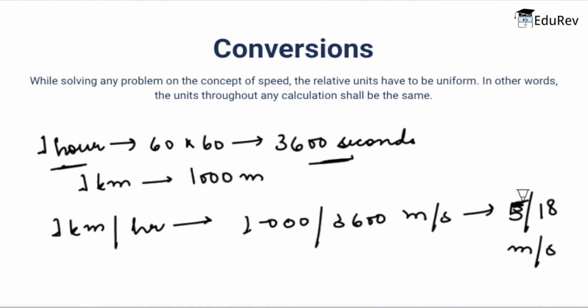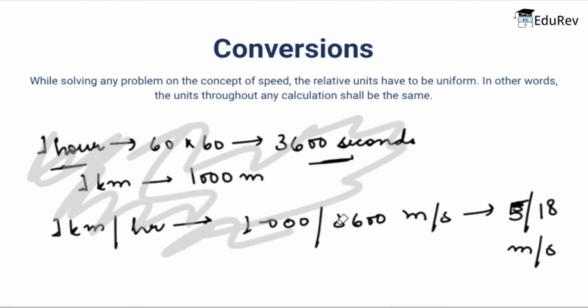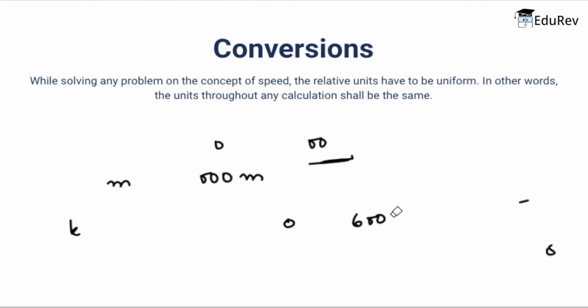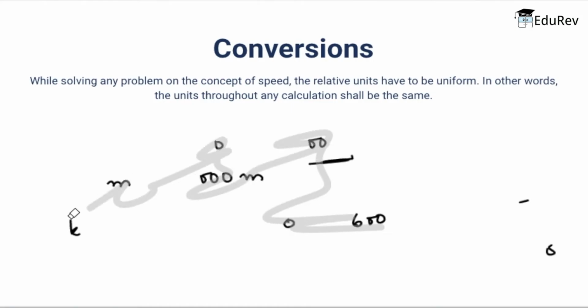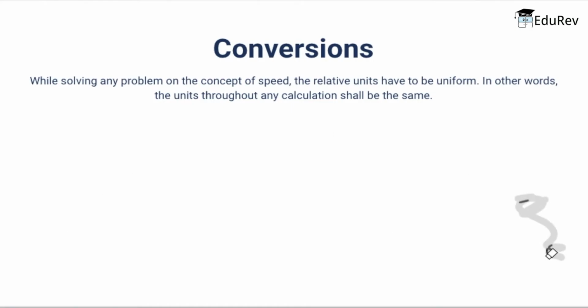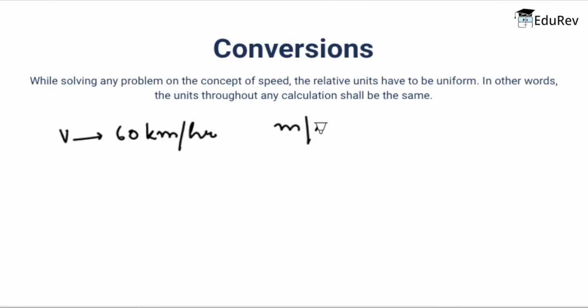For example, a body is moving at a velocity of 60 kilometers per hour. We need to find its speed in meters per second.